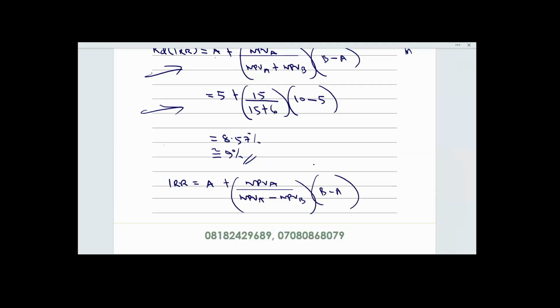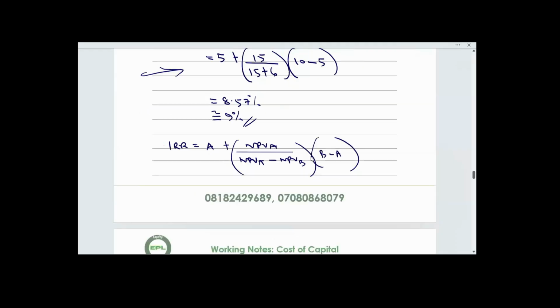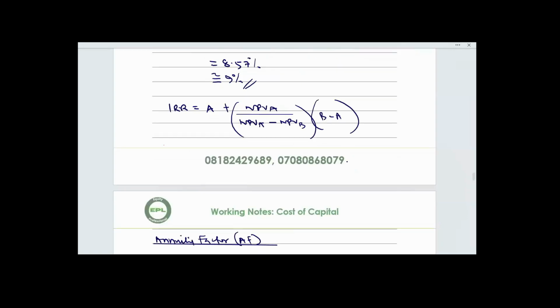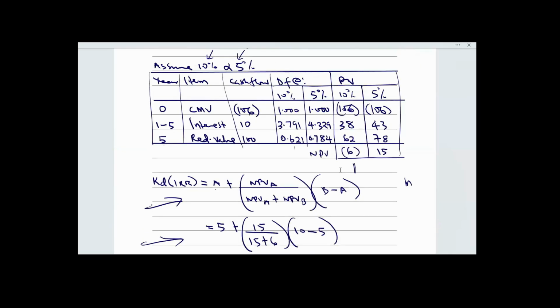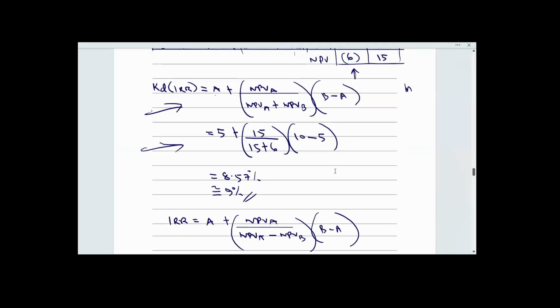This is the original formula. Usually, the higher discount rate NPV is always negative. That's why at this 10% discount rate, NPV is -6. So negative times negative will give you positive, and that's why I always use positive here instead of negative. Do you get it now?